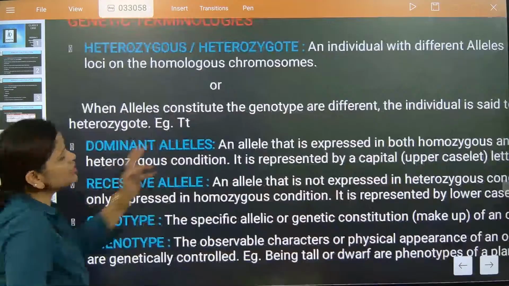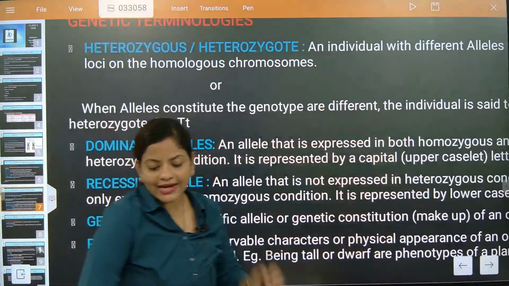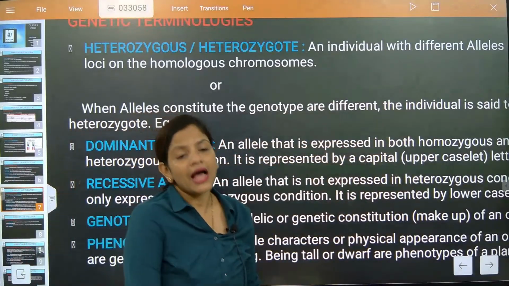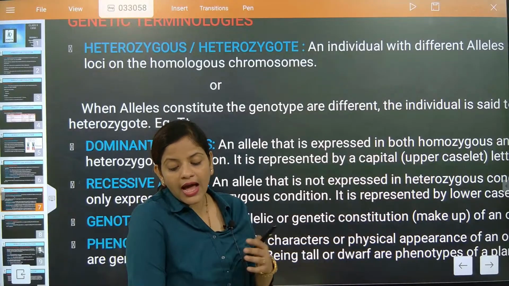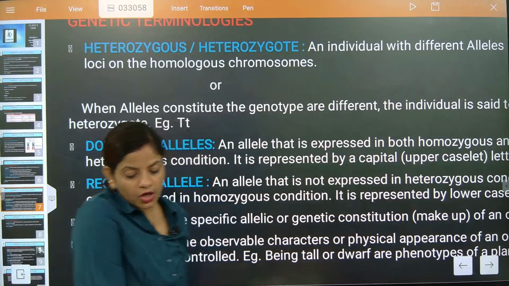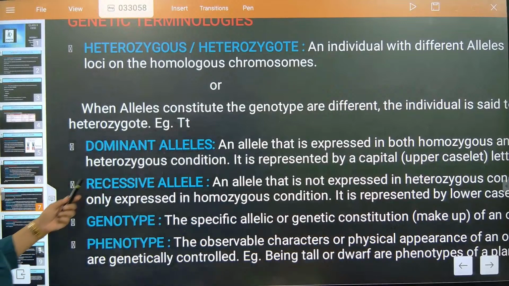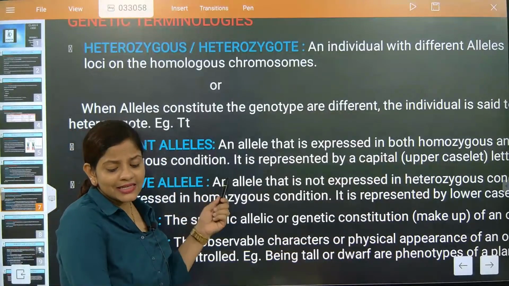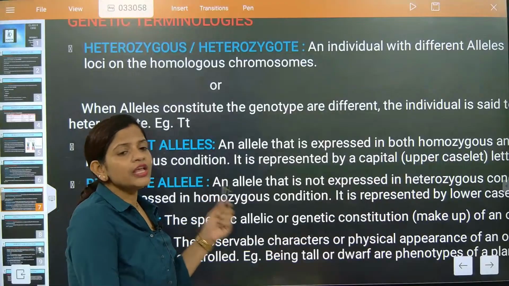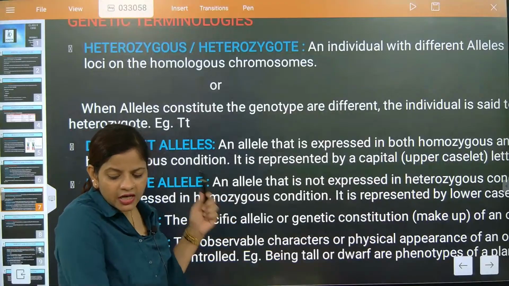So the values that constitute the genotype are different. Identical means homo, different means hetero. Identical means homo and different means hetero. Now, a dominant trait is a trait that can exist singly. Understood?